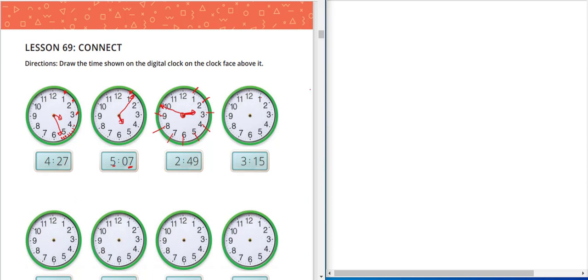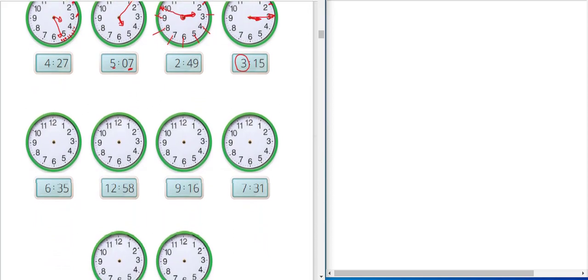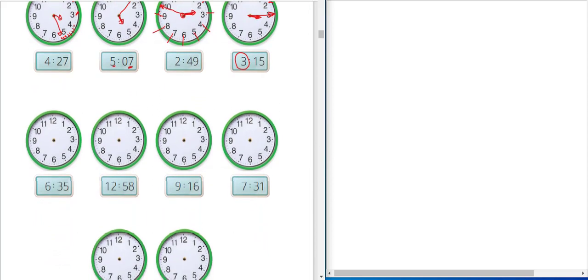Next it is quarter past 3, 15 minutes and 3 hours. So the minute hand will point to 3: skip count by 5, 5, 10, 15. And the short hand points to 3, but between 3 and 4 here. It is 35 past 6.